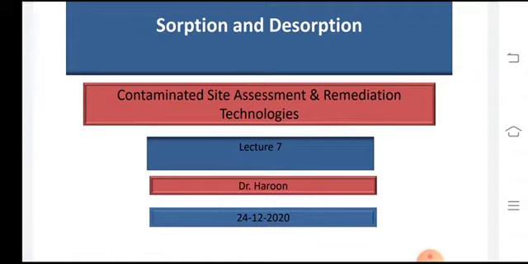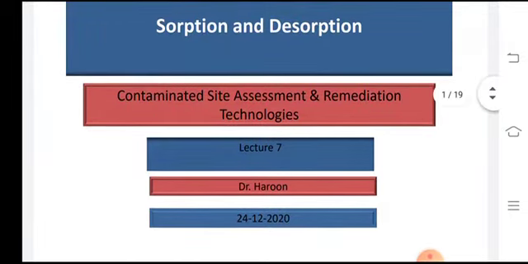In the solid phase, the texture of the solid soil particle is more important, because this is going to define whether the solute is going to get adsorbed, or it is going to exist in the aqueous phase. And this is the actual phenomenon of sorption and desorption.